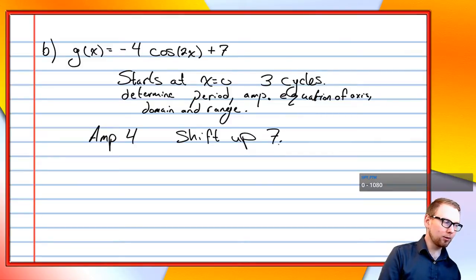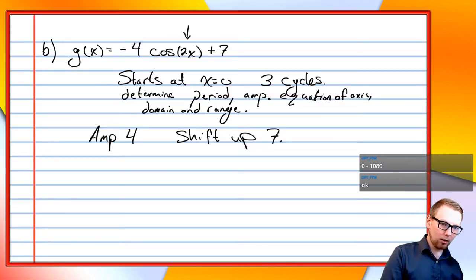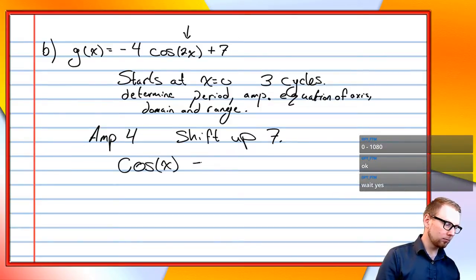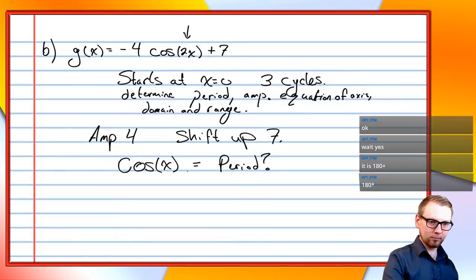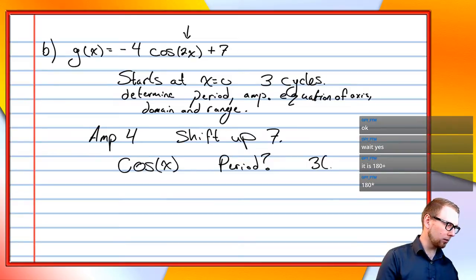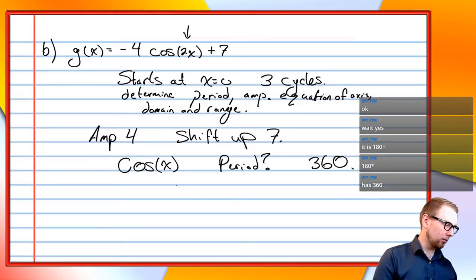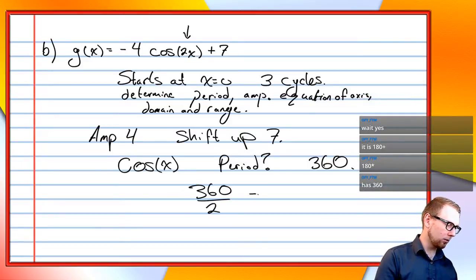Your period is not going to be the same. This is changed, right? The regular cosine has a period of 360. Our new one will be 360 divided by 2, so that's going to be 180. Just nice and concise.